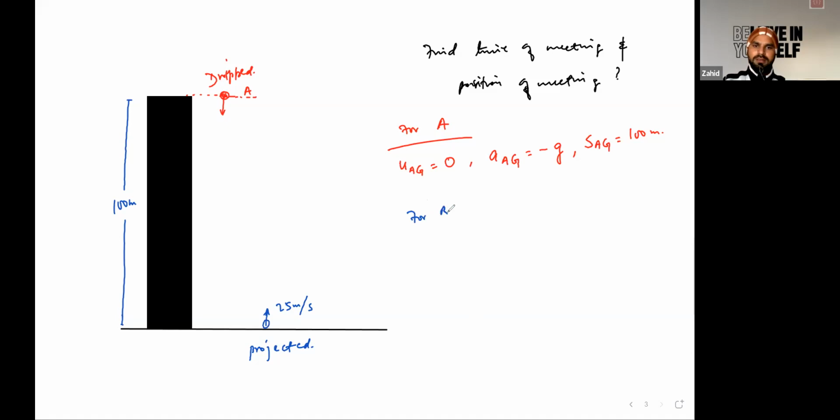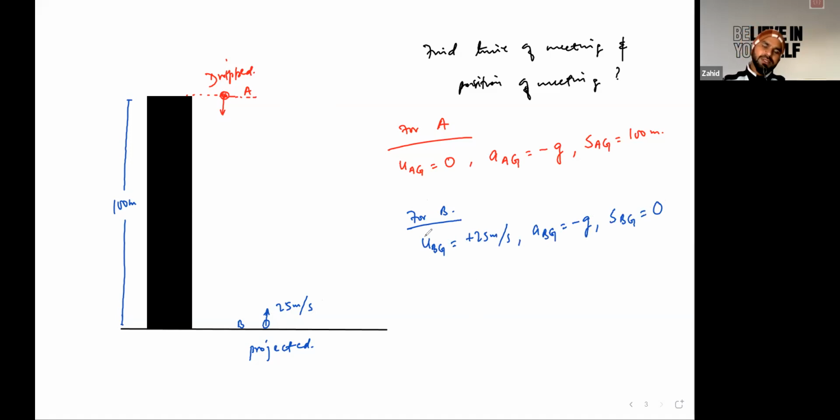Similarly, let's say this particular object is B. Velocity of B with respect to ground, since it is projected upwards, will be plus 25 meter per second. Acceleration of B with respect to ground is also minus g, and displacement of B with respect to ground is just 0 since it is at the ground initially.